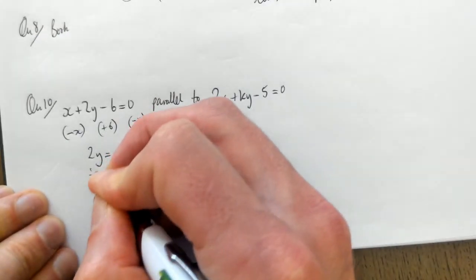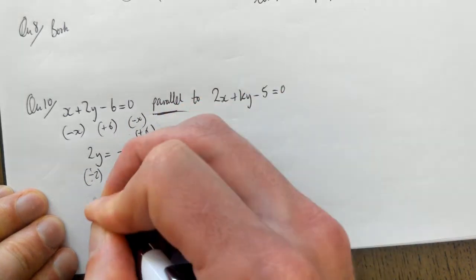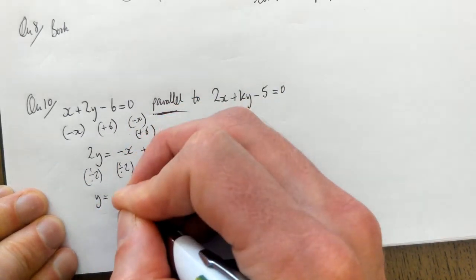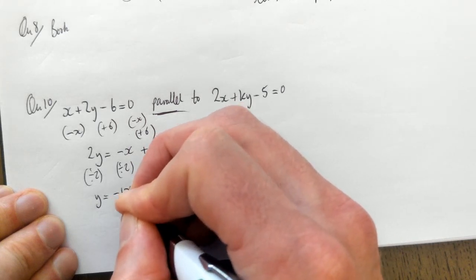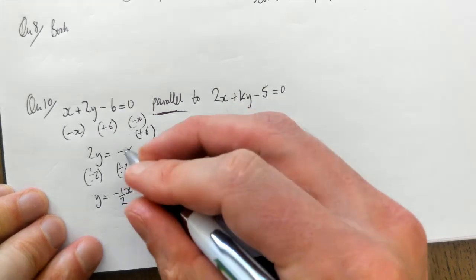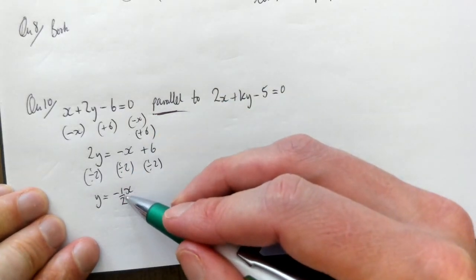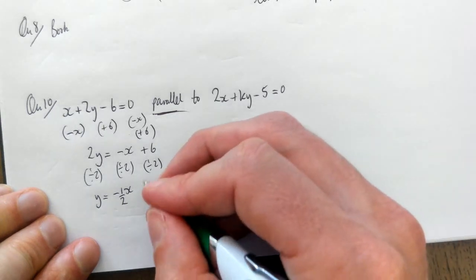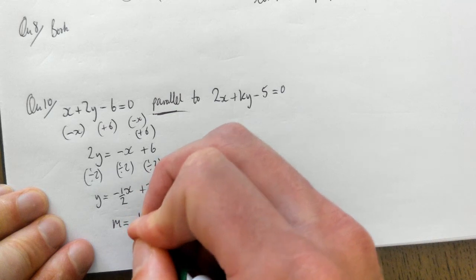So 2y is equal to minus x plus 6. Divide by 2. You get y is equal to minus x over 2, which is the same as minus a half of x, because that's a 1 there, isn't it? So 1 divided by 2. Write it like that because it's clearer to see the slope. 6 divided by 2 is 3. So the slope is equal to minus a half.